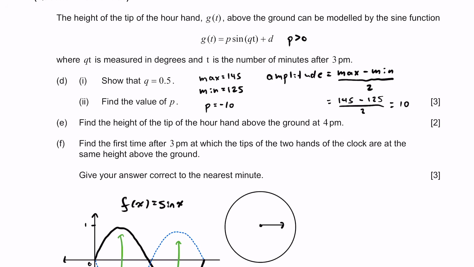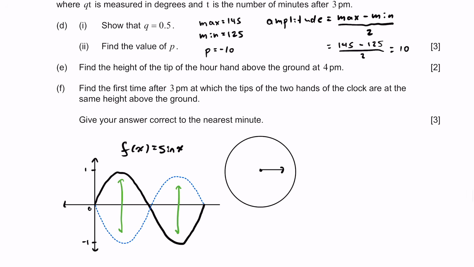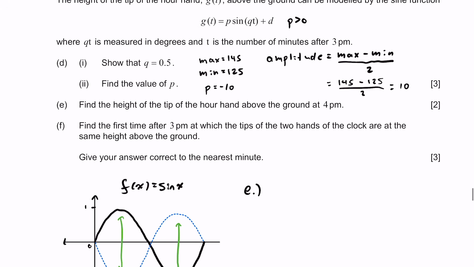Part E. Find the height of the tip of the hour hand above the ground at 4 p.m. Okay, so for this, we've almost created a function. Let's go and maybe just clear some space. Let's look at E right here. What do we have so far?